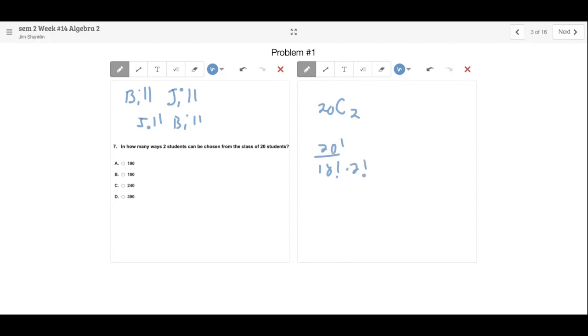That would be 20 times 19 divided by 2 factorial, which is just 2. So 10 times 19, 190. Woohoo! I can do it pretty quickly without Desmos, but the answer is A, or 190. What function is it in Desmos? Not NPR, this one was NCR for that one.